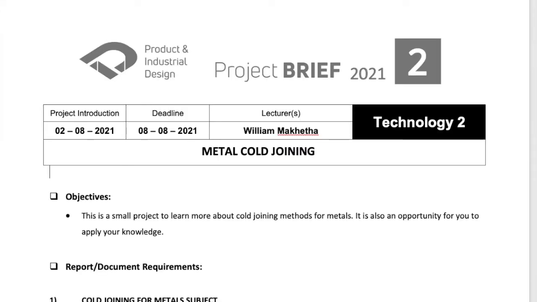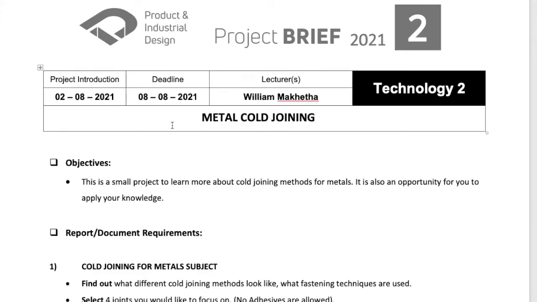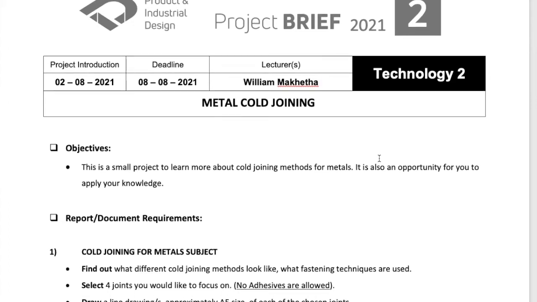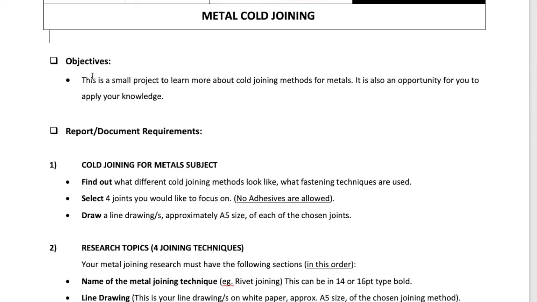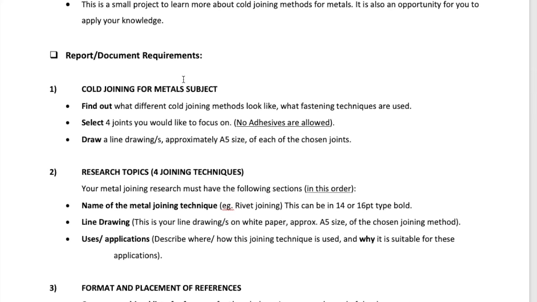Okay, so this is the brief in relation to the short introduction that I just gave you on the joining techniques. The brief is specifically on cold joining techniques. It is due on the 8th August, which is next week, Monday. Just to take you through what I think needs some clarity, the objectives are straightforward.